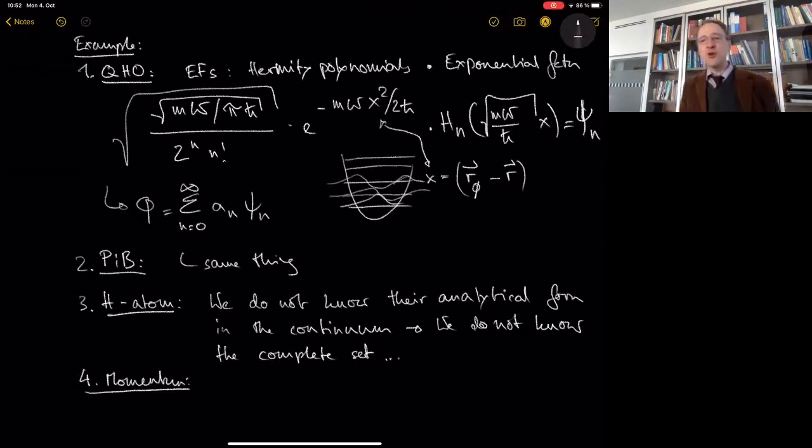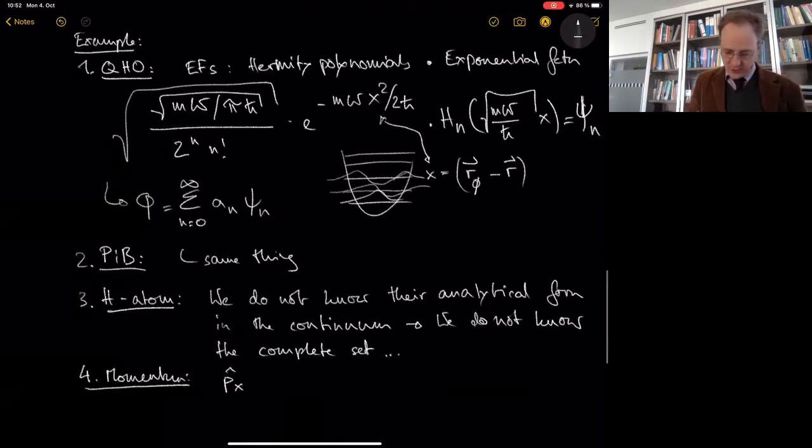What if we took the eigenfunctions of the momentum operator and we did a series expansion? What would that look like? It's a Hermitian operator, right? So Px, obviously, the theorem should be applicable.